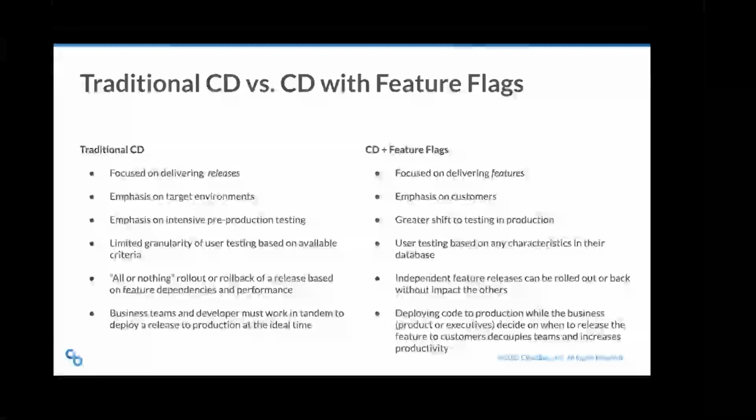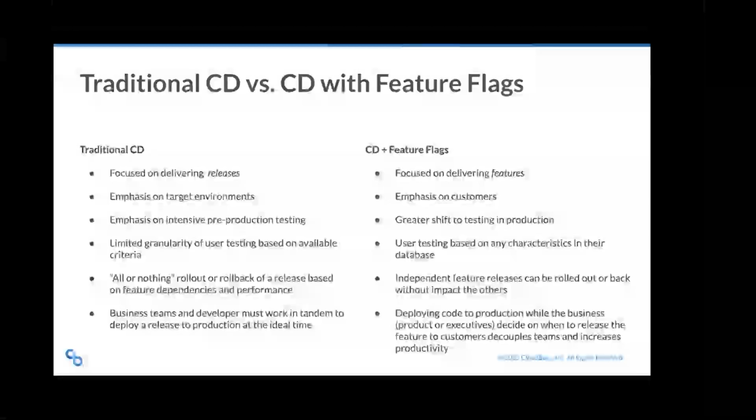Also traditional CD tends to bring limited granularity of user testing. So you're generally just trying to test based on your use cases that were given to QA or something like that. Whereas when you have feature flags and you're able to test more in production, you can have user testing based on any characteristics in the database.